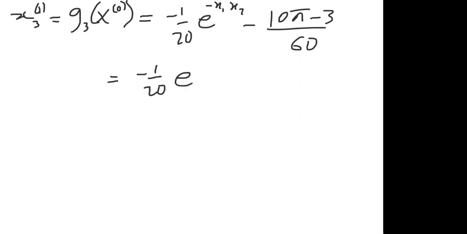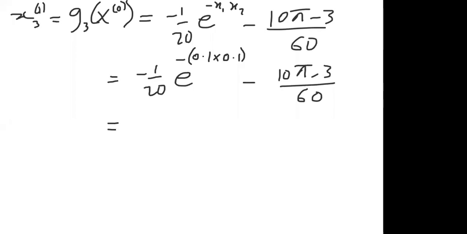So just know that those values are gotten from x0, and then here I have minus 10 pi minus 3 over 60. So we'll substitute the values that we have been given, and this will just be equal to minus 1 over 20, then e to power minus x1 is 0.1, then x2 is 0.1, then minus 10 pi minus 3 over 60. So you can use your calculator again and see that this will just give you minus 0.52310127, right?